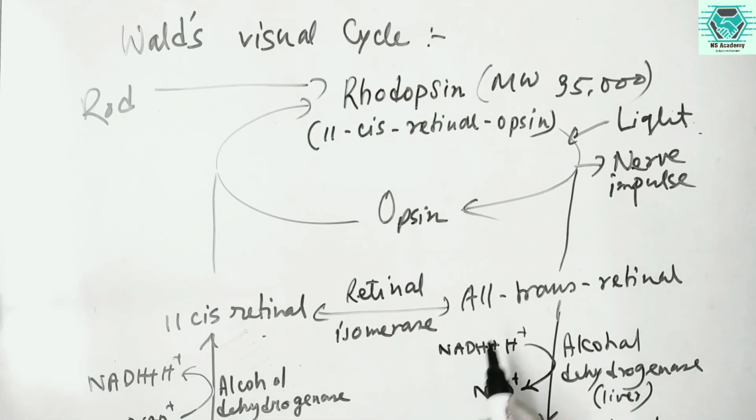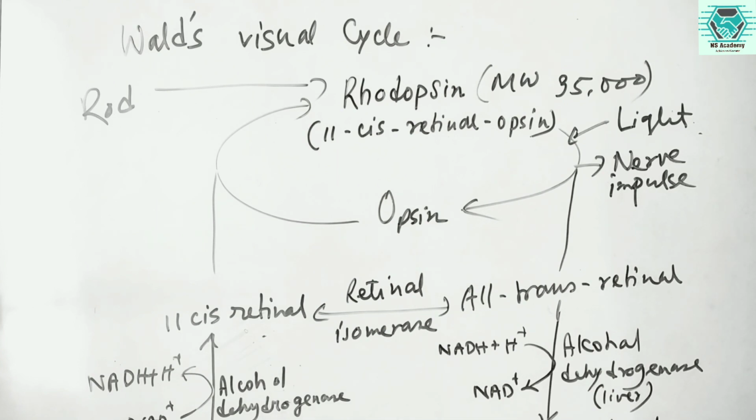So all-trans retinal is immediately isomerized by retinal isomerase, and again we get the 11-cis retinal. This combines with opsin to regenerate rhodopsin and complete the visual cycle. Okay, so this is what happens here.